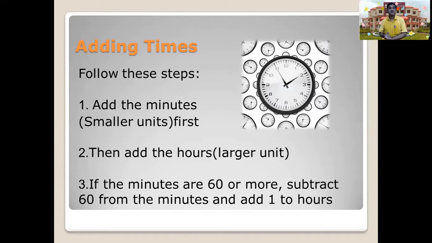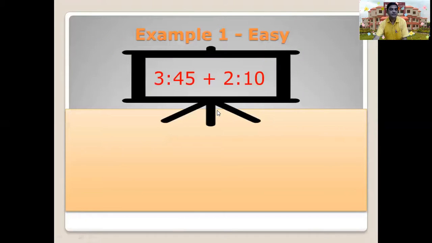And we'll check whether the added minutes are more than 60 or less than 60. If they are less than 60, it's okay. But if they are more than 60, then we take the extra 60 minutes, which makes 1 hour, into the hour section. So we'll see this with an example.